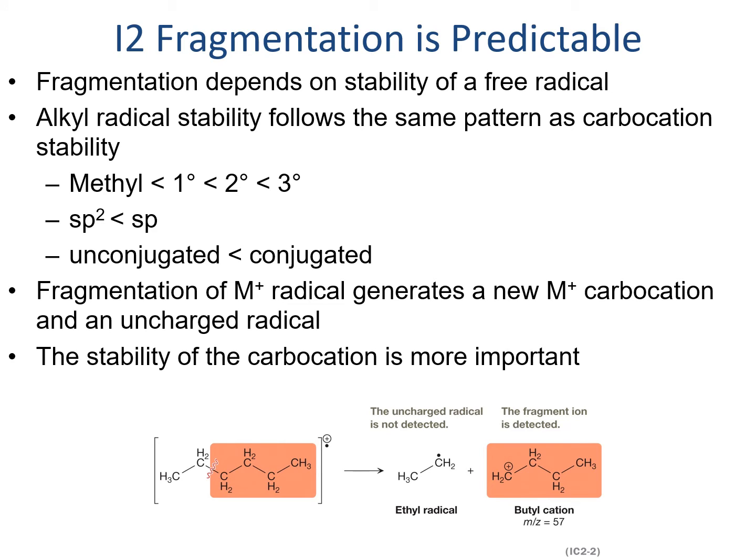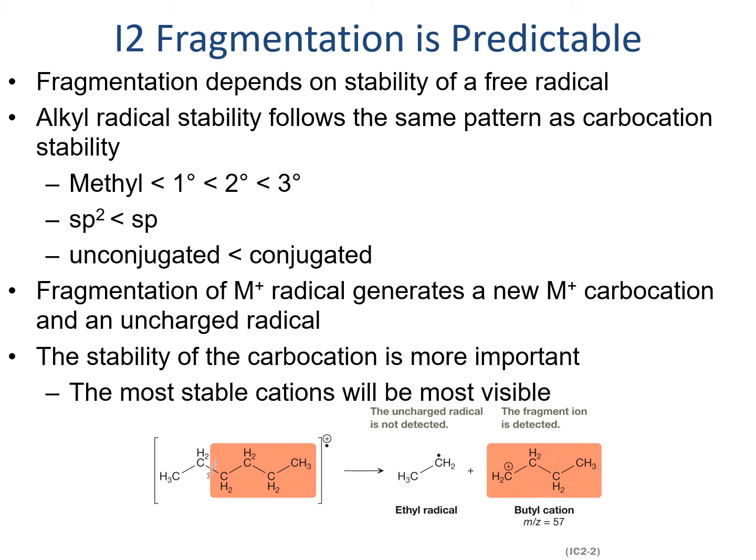In this case, the stability of the carbocation is actually much more important to the overall stability. They're both still important, but the carbocation actually means more. And so that's also good news because you already know a lot about carbocation stability. And again, the most stable cations are the most visible, so our largest peaks come from the most stable cations that can be formed.